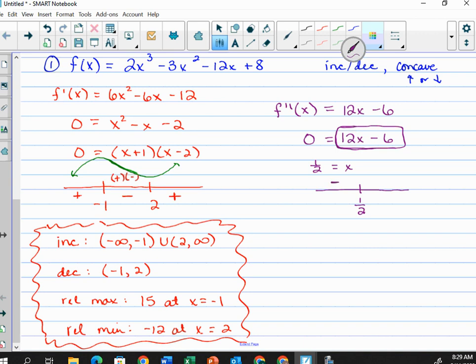Bigger than 1/2 will give me a positive. Okay. What that means is from -infinity to 1/2, your graph is going to be concave down. And then from 1/2 to infinity, it'll be concave up. Okay. Concave down. And we're going to make a sketch here so you can see all of this.